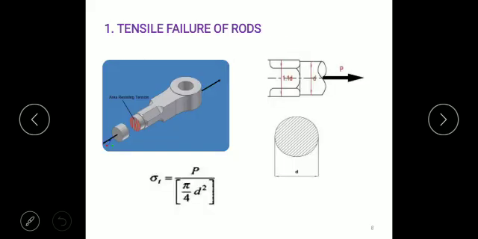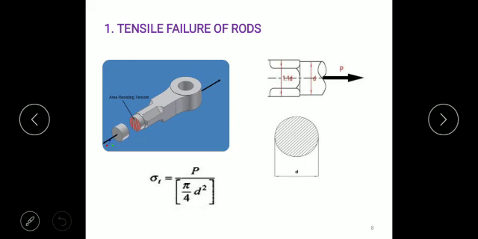So moving toward the different failures, here we will see eight to nine different failures, so that we can either calculate the dimensions of the different components of the knuckle joint, or use the empirical relations. In the last slide I gave some standard proportions of the knuckle joint, so we can use those standard proportions before going to the design.